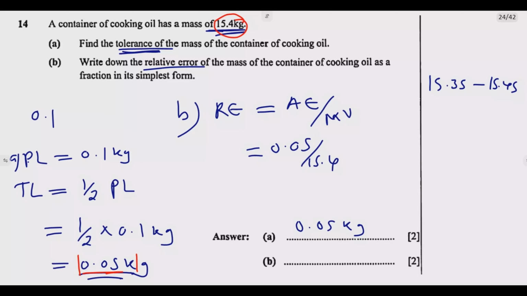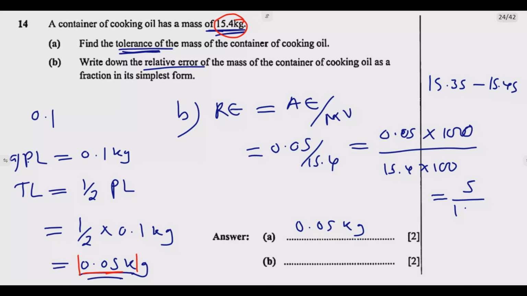Then, because we need to give it in the simplest form, we need to multiply the numerator by 100. So 0.05 times 100, and the denominator 15.4 times 100. Remember, in an exam you're not allowed to close this line. What this gives me is 5 over 1540. Then you simplify. 5 into 5 is 1.